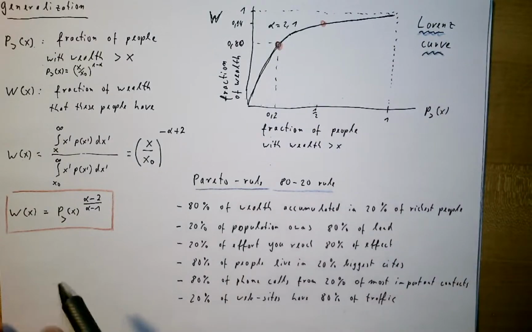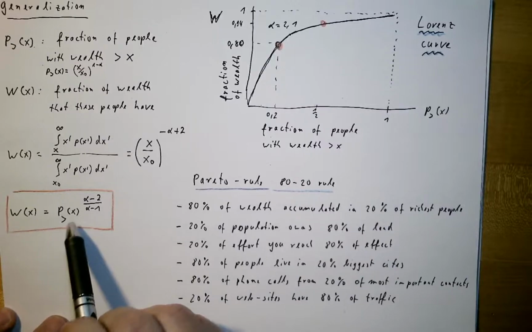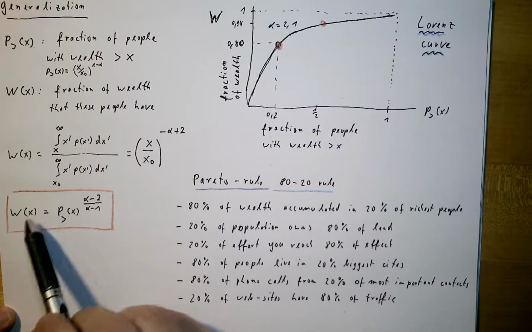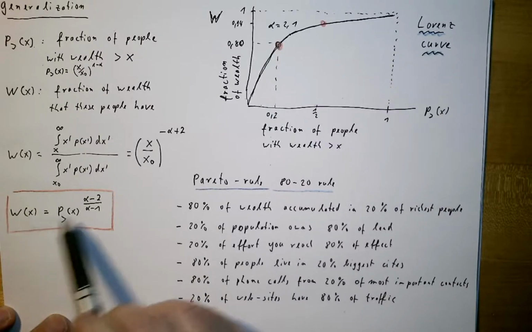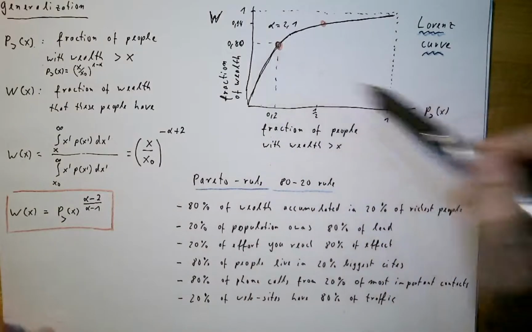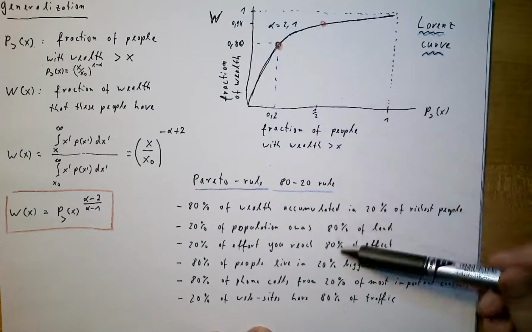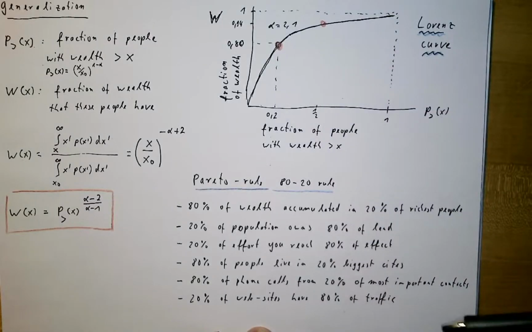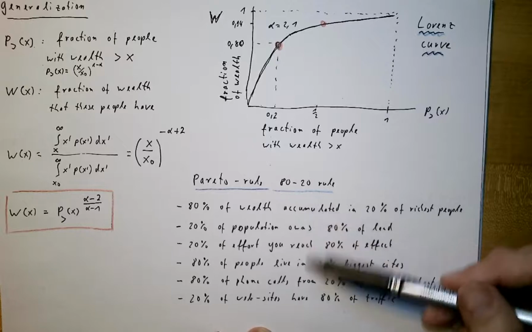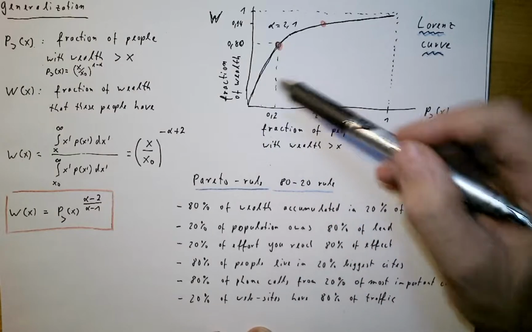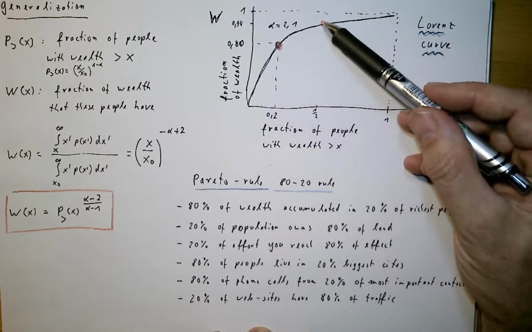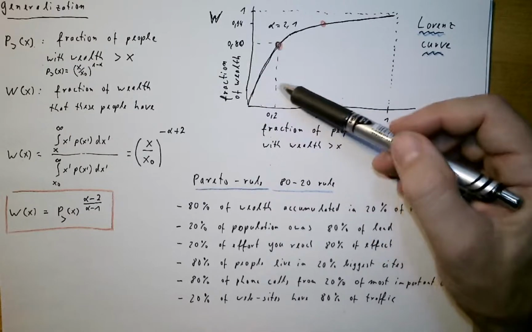When you see this for the first time, it's sometimes confusing for some people, with all these fractions of fractions and so on. So you have to think a little bit through this. I gave you many different examples, and sometimes if you look at the wealth of people, it doesn't really click for you. What is 80% and what does it mean?